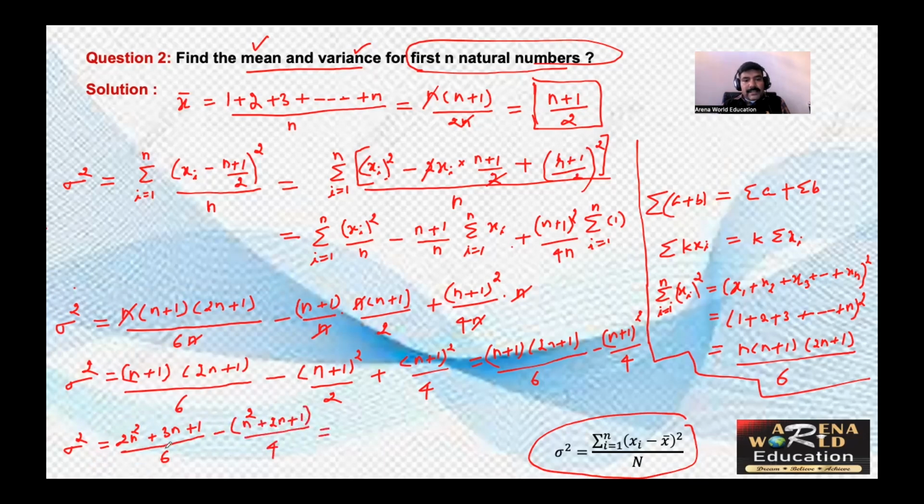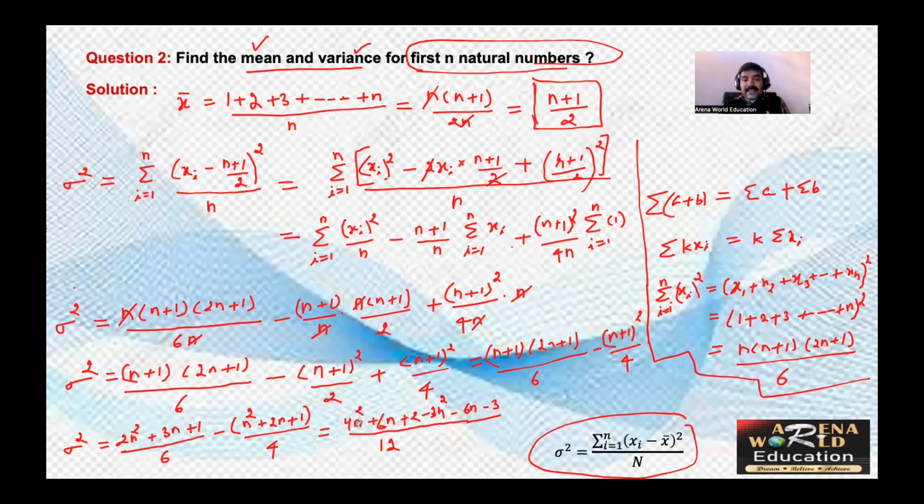Now if we take its LCM, so LCM of 6 and 4, it will be 12. 12 divided by 6 is equal to 2, so 2 times 2n square plus 3n plus 1, that is 4n square plus 6n plus 2. Right? And this will be what? 12 divided by 4, it will be 3. So this will be multiplied by 3. So this will be minus 3n square minus 3 into 2, 6n, and minus 3.